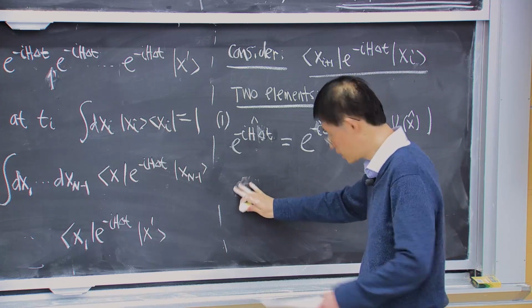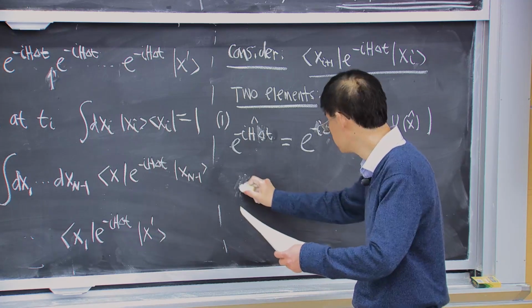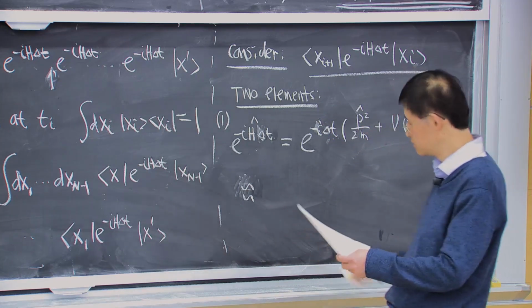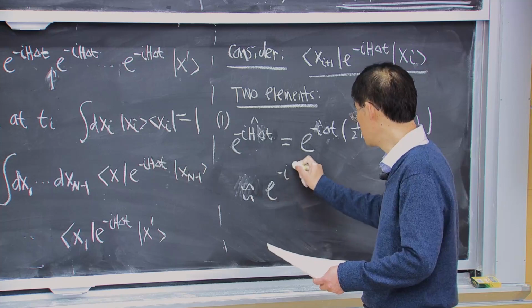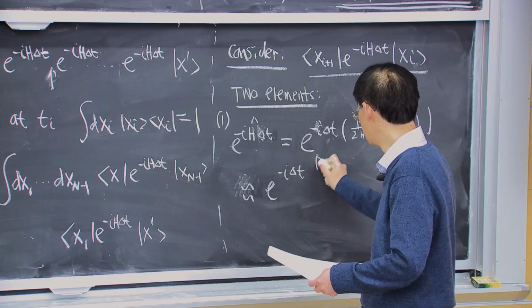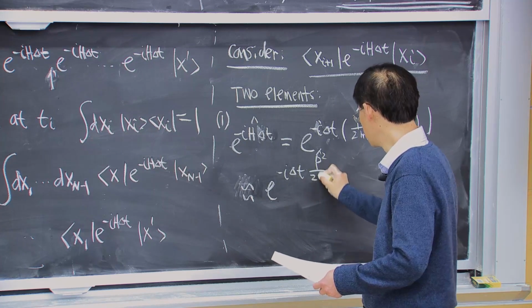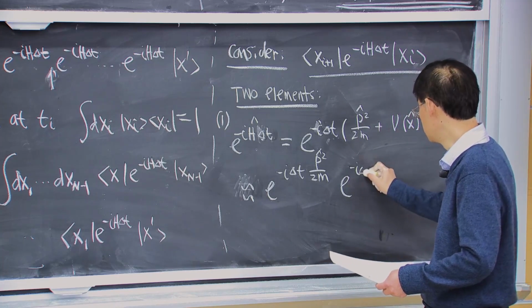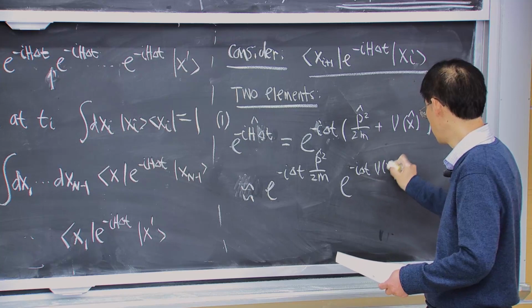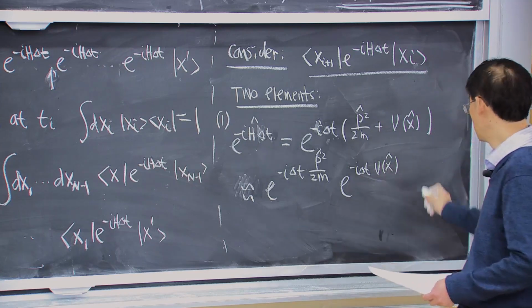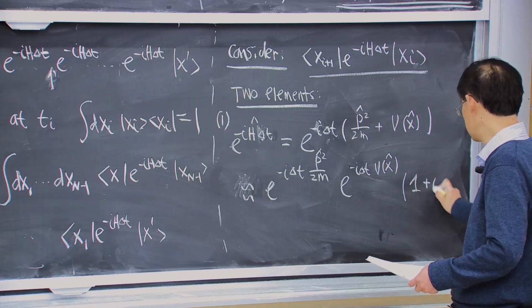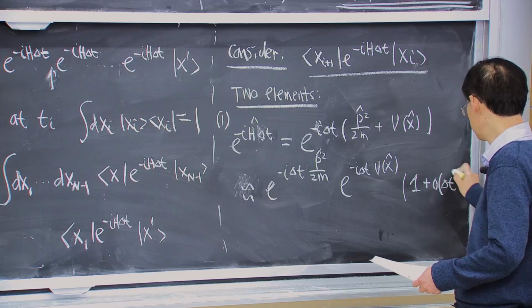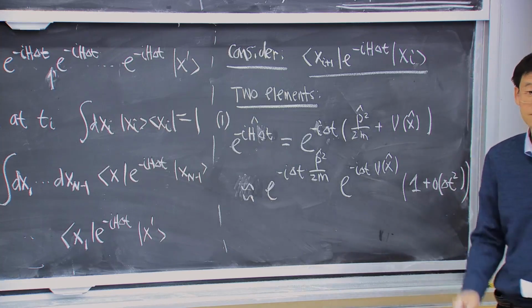This is approximately equal to exponential of minus i delta t p hat squared over 2m, and exponential of minus i delta t v hat of x. And the only corrections are order delta t squared.